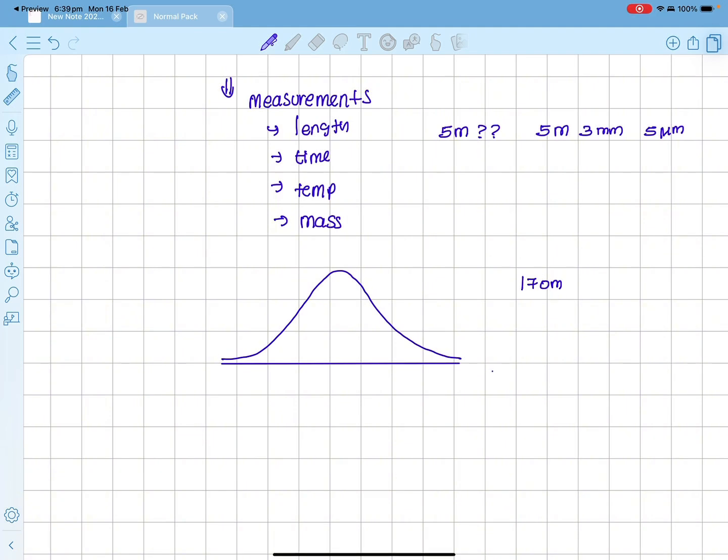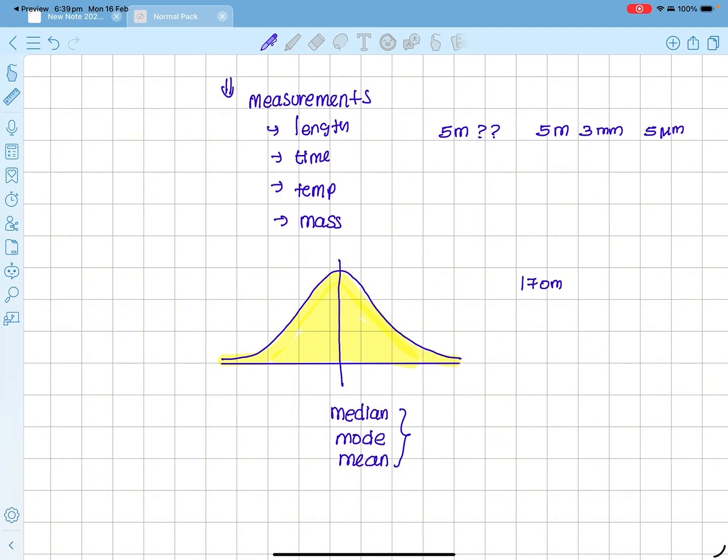And this is a bell-shaped curve where the curve is symmetrical on the axis, where the mean, median, mode will be at the center. All of these three will be in the center.